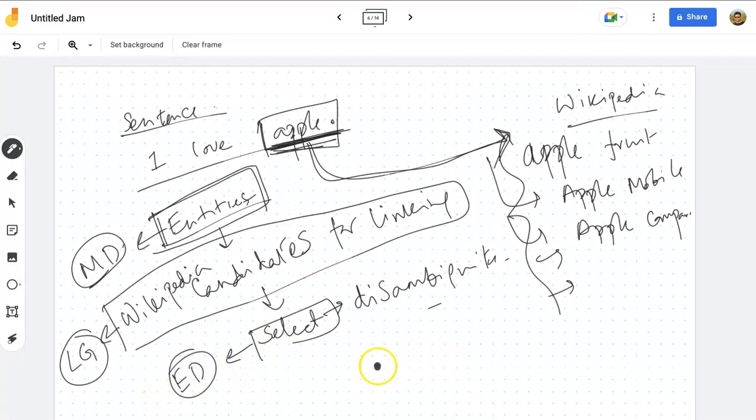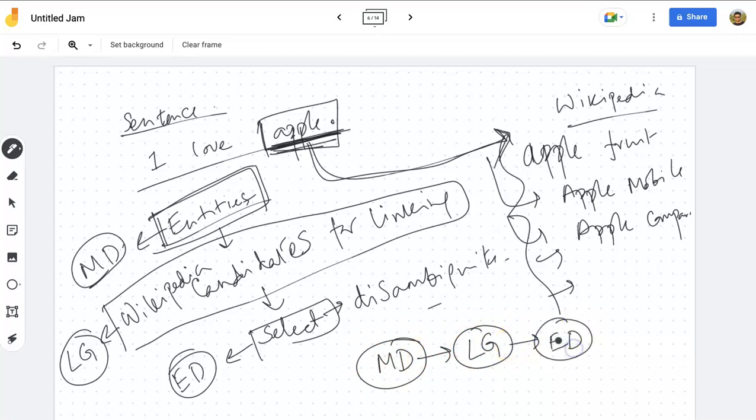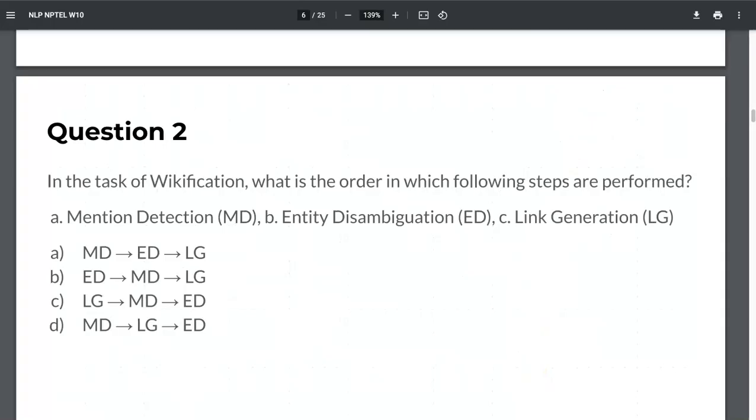So the flow is first mention detection, then link generation, and then disambiguation. So MD, LG, ED. So option D will be the correct option.